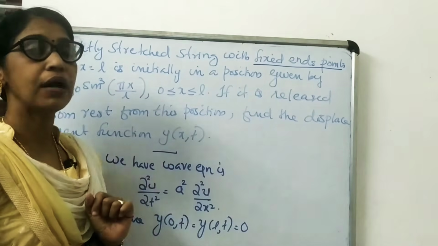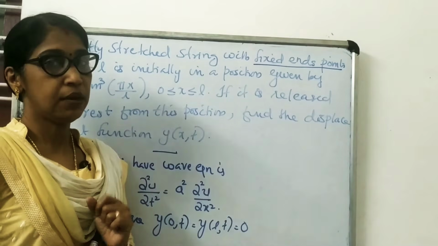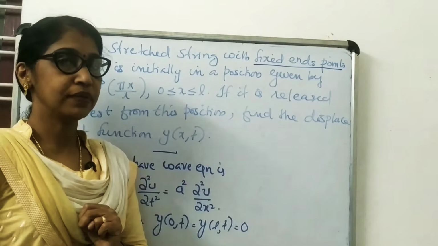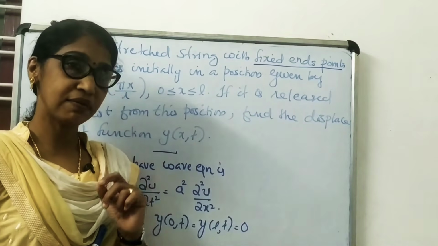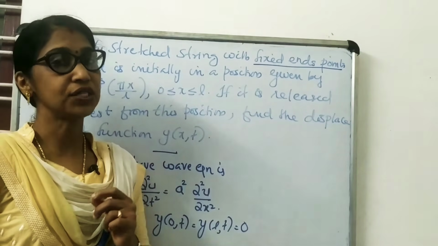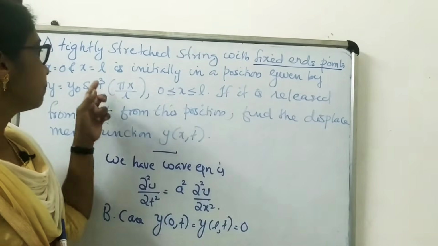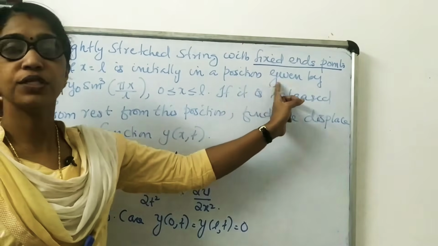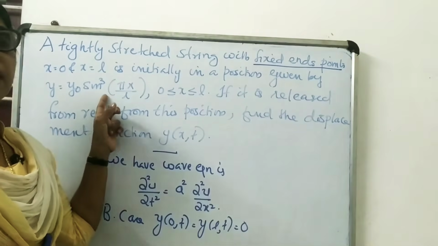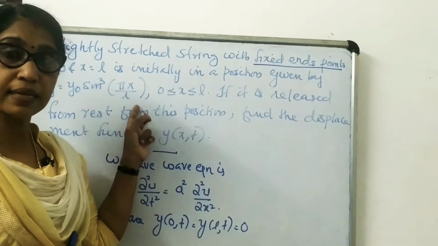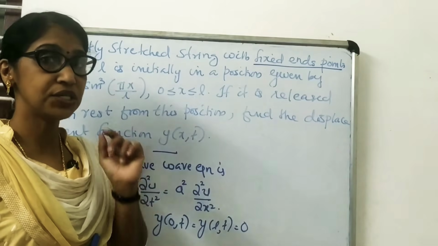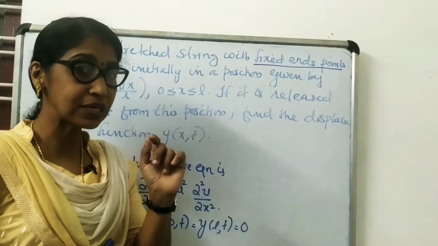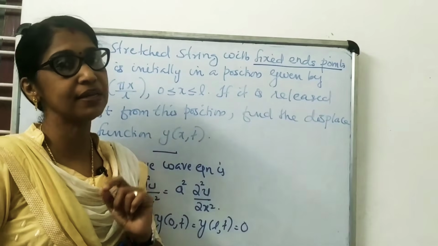Now we have to write the initial conditions. Two initial conditions are there. First one, initial displacement, and second one, initial velocity. Given the string is initially in a position given by y is equal to y0 sine cube pi x by L. That is initial position, meaning initial deflection or initial displacement is given.